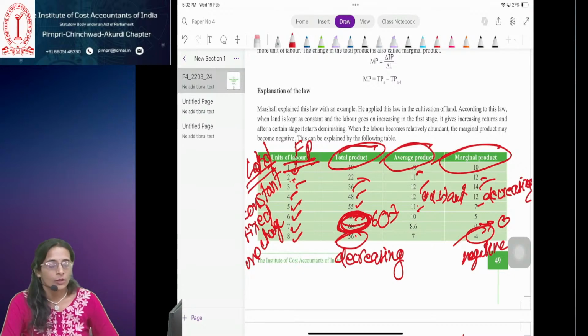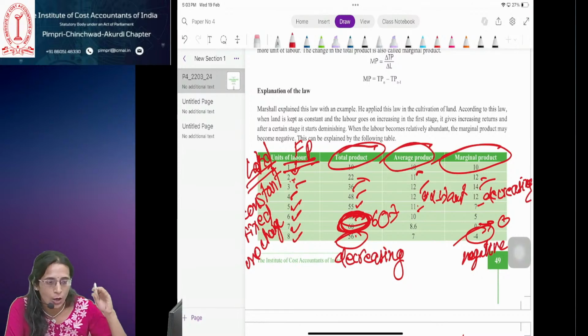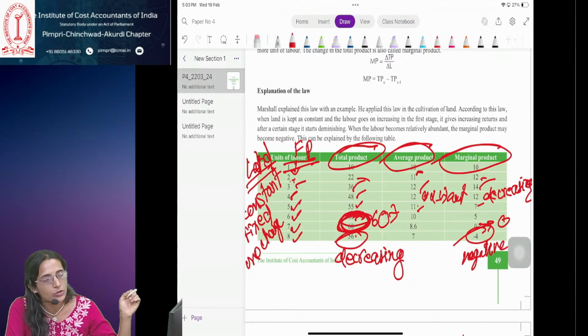Disturbance is coming a lot. Boys, what we were discussing: the law of variable proportion is for, tell me, the short run, and the law of returns to scale we analyze for the long run. What will be the output in the long run, and in the law of variable proportion, what will be the quantity produced in the short run?